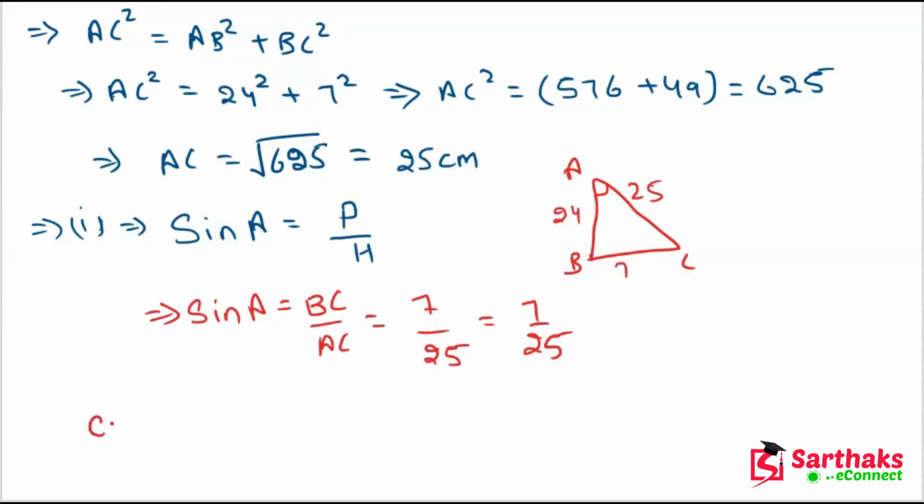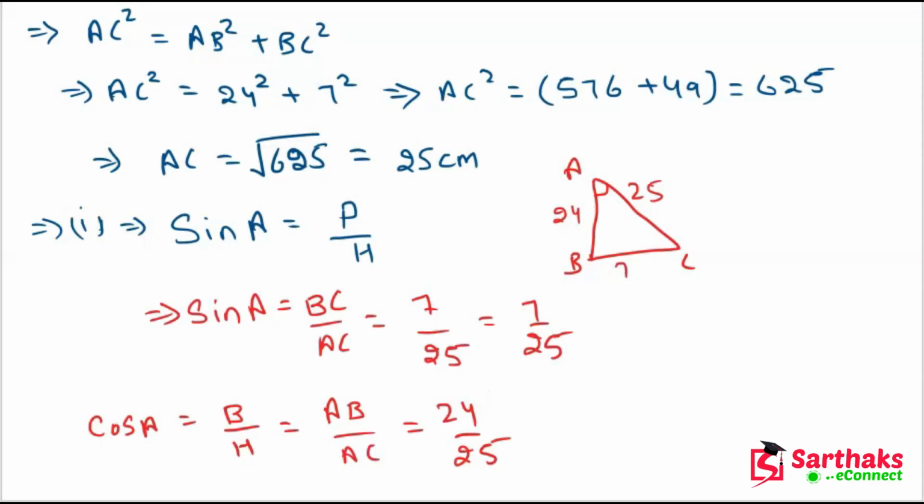What is the value of cos A? Cos A is base upon hypotenuse, so AB upon AC, which is equal to 24 upon 25. So these are sine A and cos A. I hope you get this point.